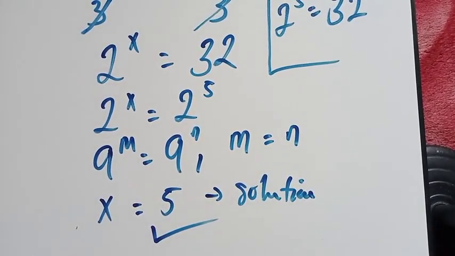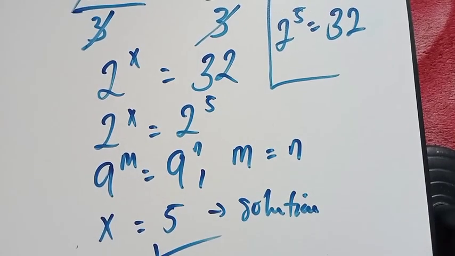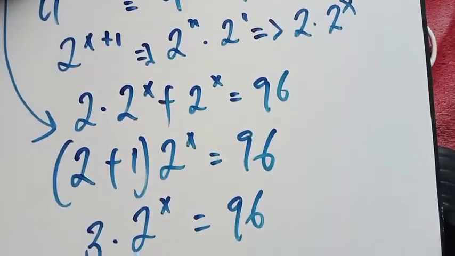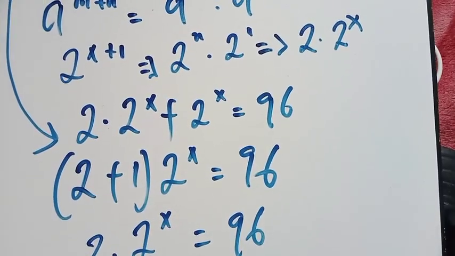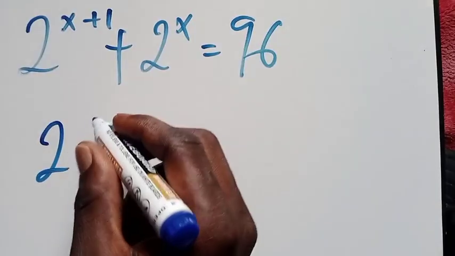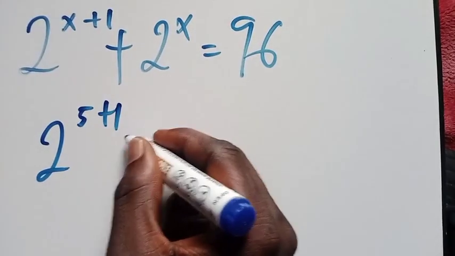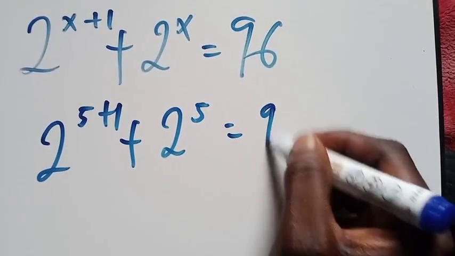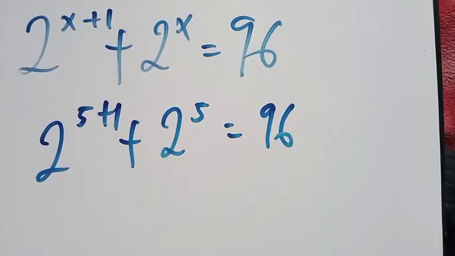We can then verify the equation. Substituting our solution into this equation, we have 2 to the power 5 plus 1, plus 2 to the power 5, is equal to 96.